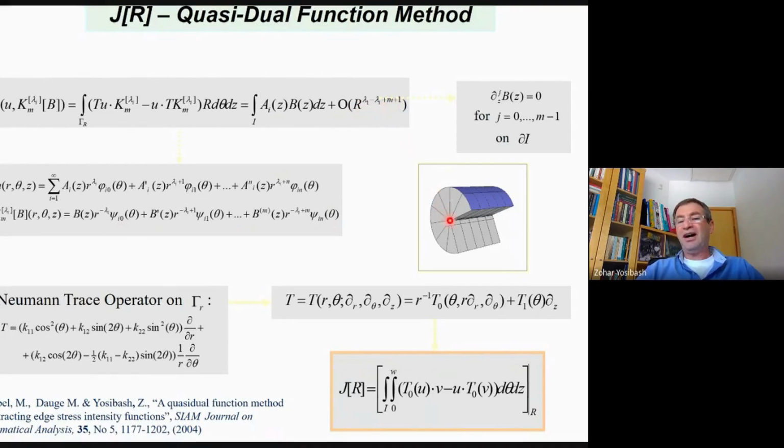Now, if I have r smaller than 1, let's say 0.1, and I don't include these terms, I will have an error of an order of 0.1 to the power of 1, which is 0.1. If I take m equal to 4, I will have 0.1 to the power of 5, which is much, much, much smaller, the remainder.